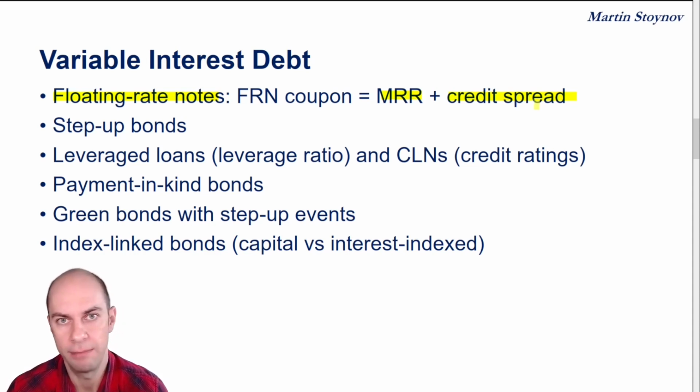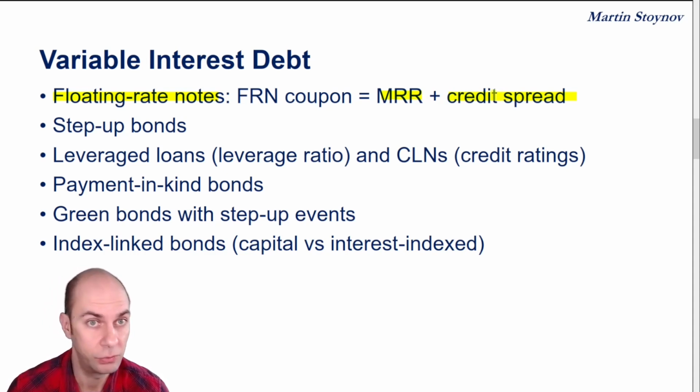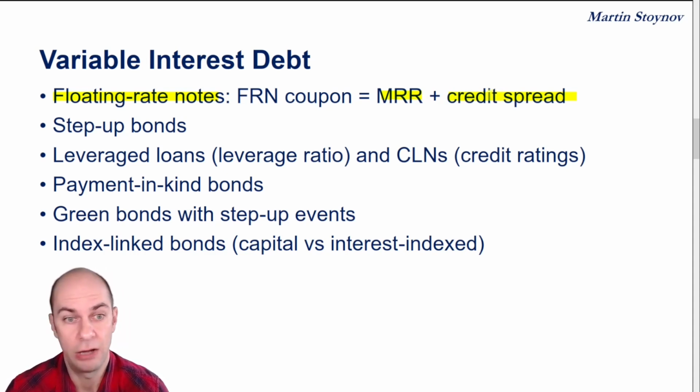So my smaller company may have a lower credit rating, so I'm going to pay the MRR plus a credit spread. Now, if the MRR goes up in the future, if the interbank lending rate goes up, so will my coupon. And if the MRR goes down, my coupon, my cost of borrowing, will also decline. That's the idea behind floating rate notes.